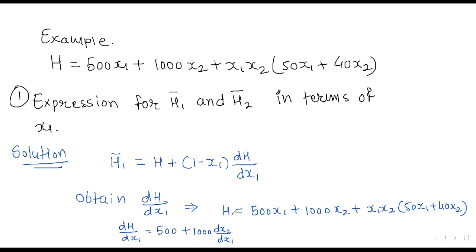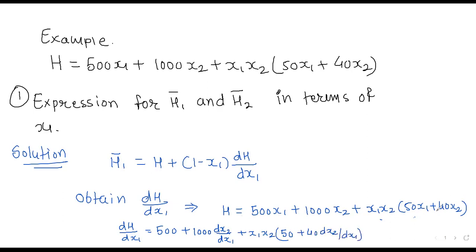Now here these both are in multiplication. So first will be constant, then do the differentiation; then second will be the constant and do the differentiation of the first. So the multiplication rule for differentiation is applied. So x1 x2 will be common, and now we differentiate this one: 50 times the differentiation of x1, which is 1, plus 40 dx2 divided by dx1.